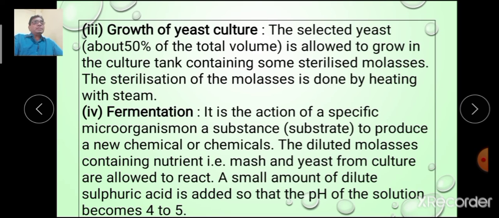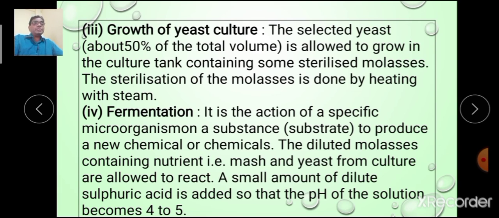Here, we test whether the yeast converts the sugars present in the molasses into the required product, ethanol. For this testing, some sterilized molasses is added to the yeast culture tank.